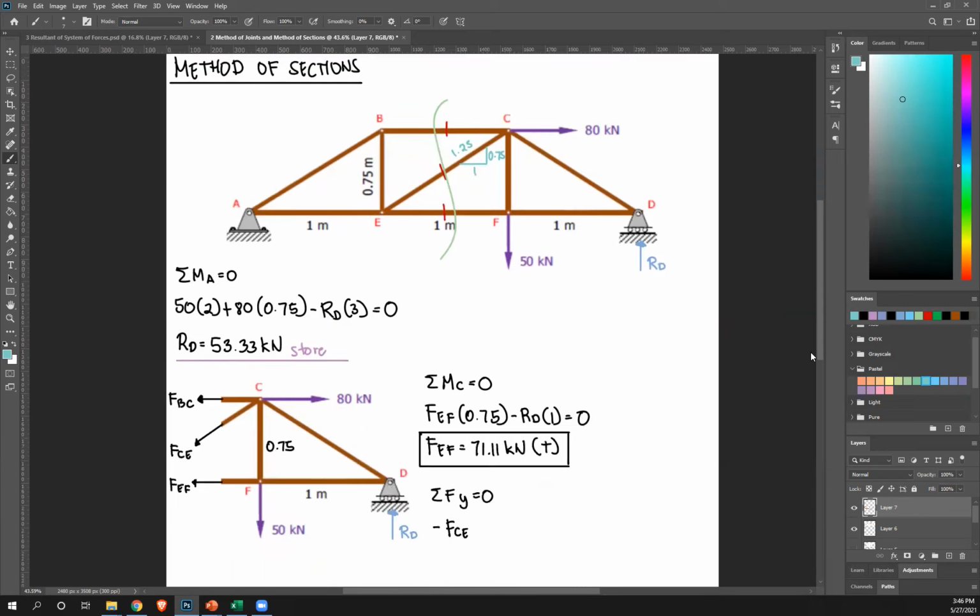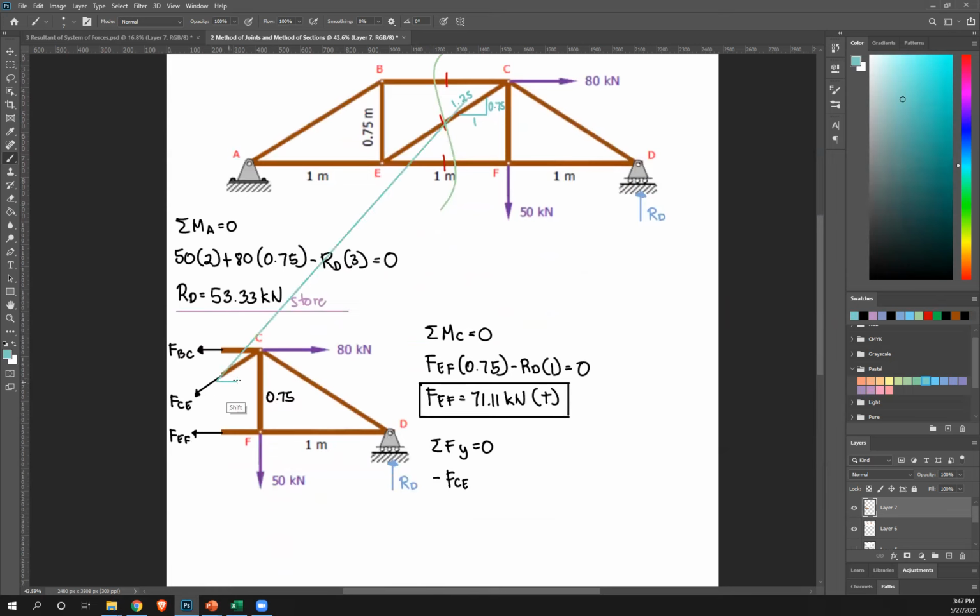Transfer that to our drawing: 1, 0.75, 1.25. To get the vertical component, take the vertical leg, 0.75, over the hypotenuse, 1.25.